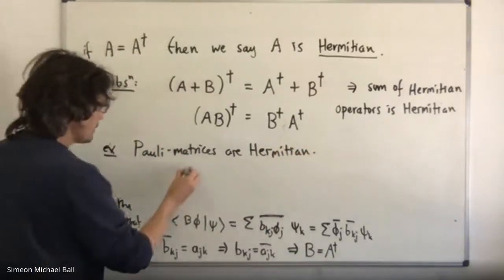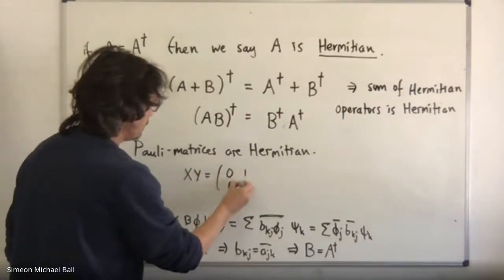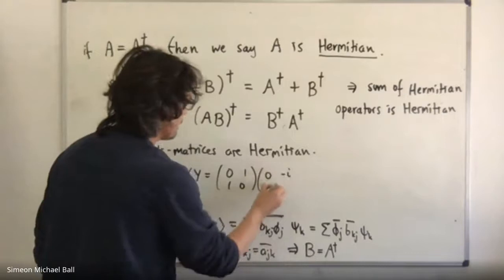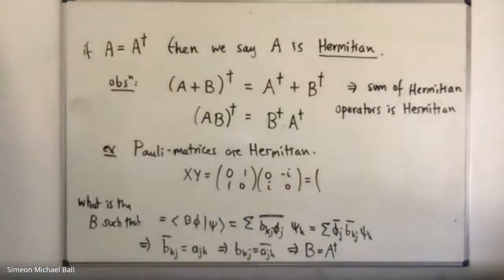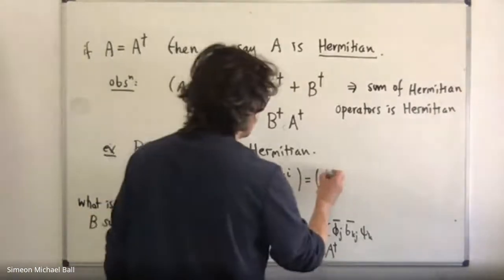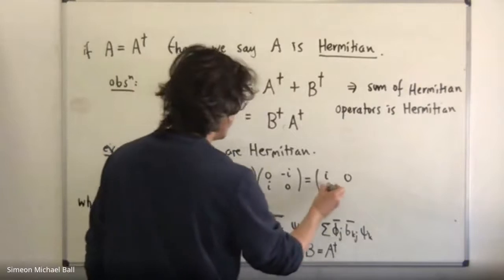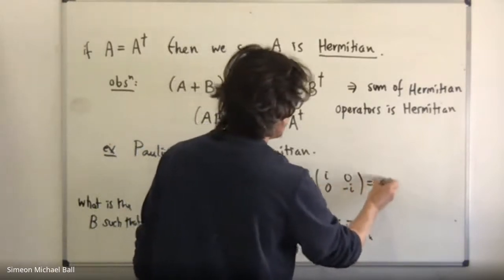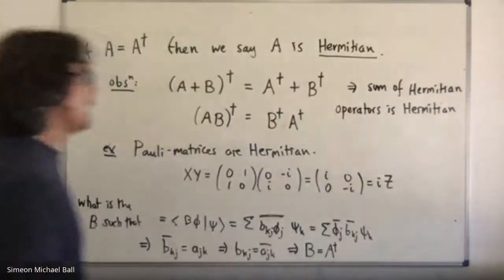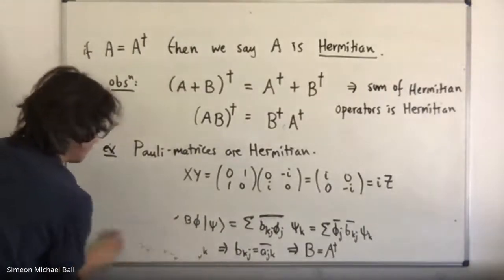So X and Y are Hermitian, as we saw before, and I messed it up because I can never remember where the minus goes with Y. I think it's that way, isn't it? I'm getting there now. XY is equal to i times Z. So we have the product of two Hermitians.